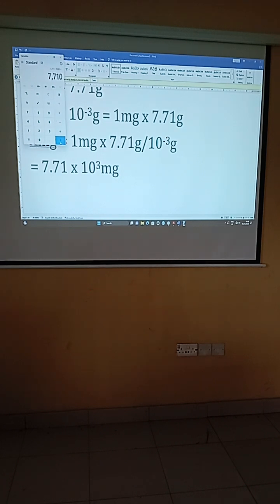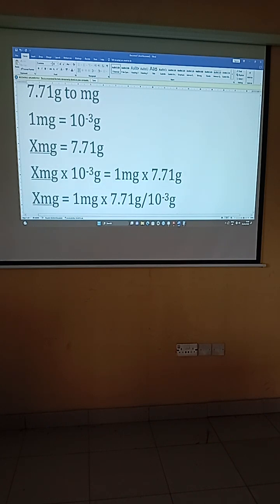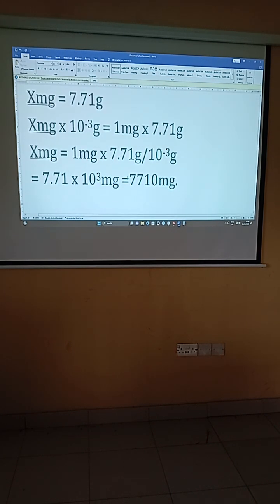That will give us 7710 milligram. Still milligram. So that is how it is solved. If you follow the solving like this, you get it correctly. So this is how it is done.